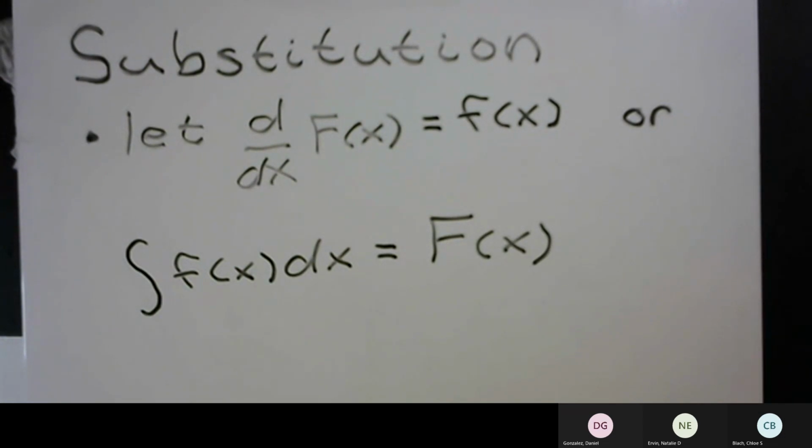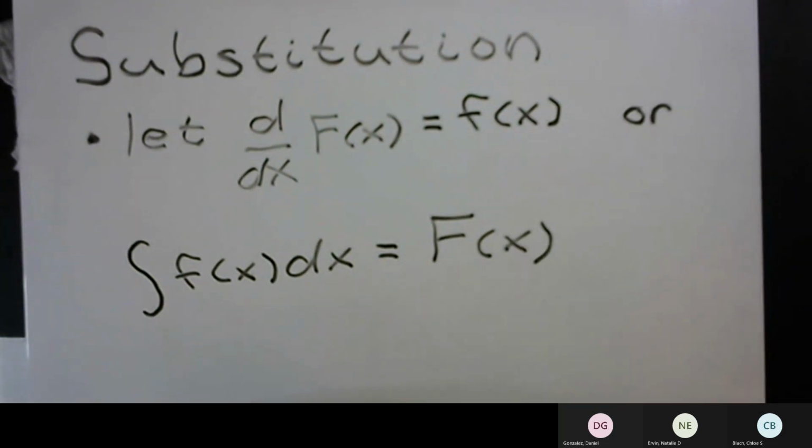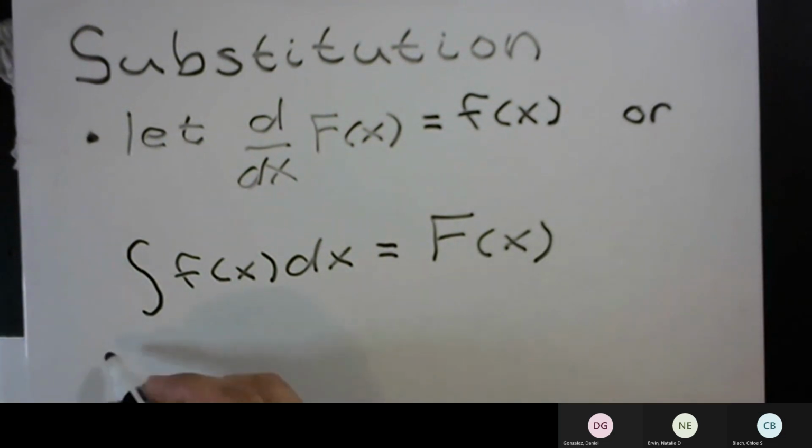So capital F of x is an antiderivative of little f of x. So what we're going to consider is this.